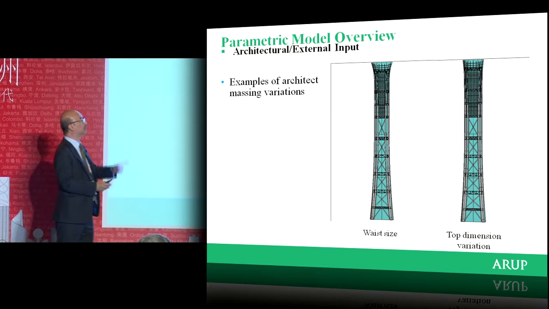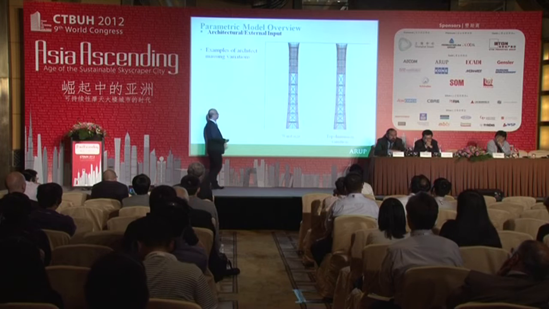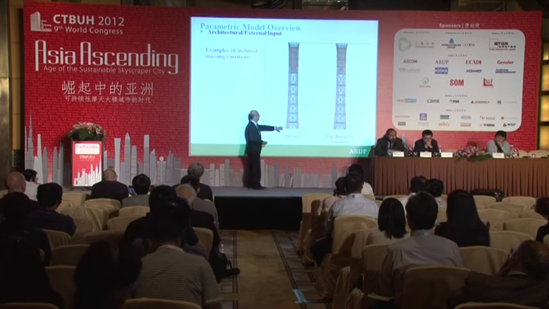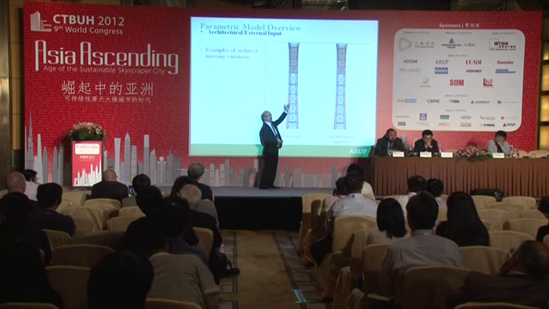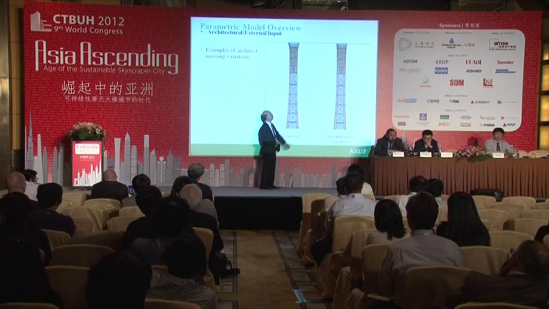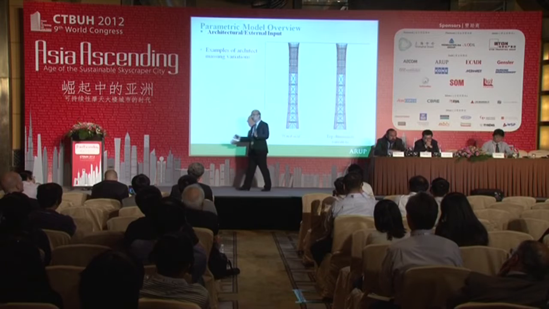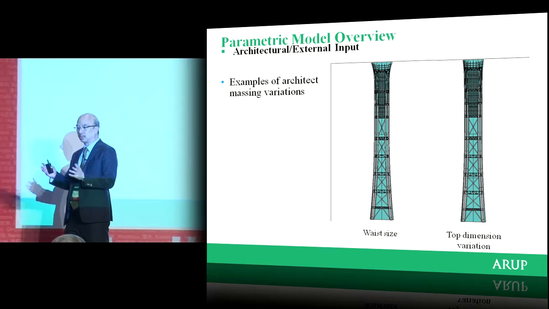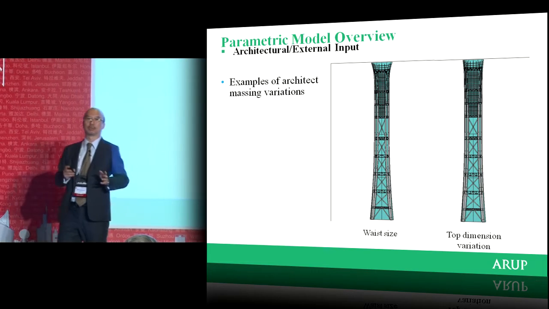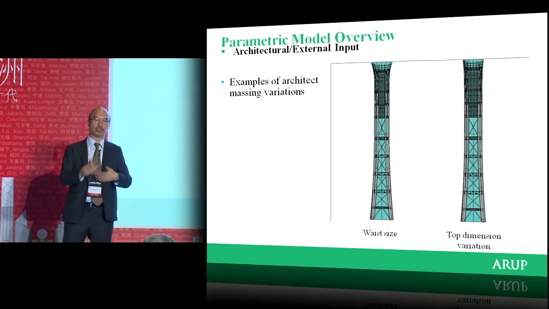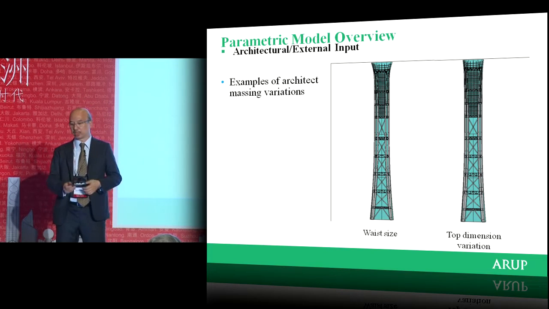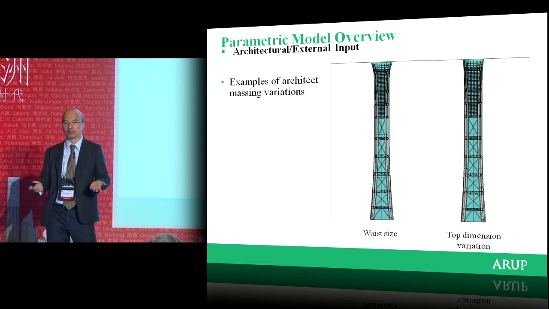We can see the difference if we have this pattern. What happens if we change the width in the middle, or if we change the top dimension? All the member sizes and member coordinates will be regenerated, so that we have a new model and can do whatever we want.